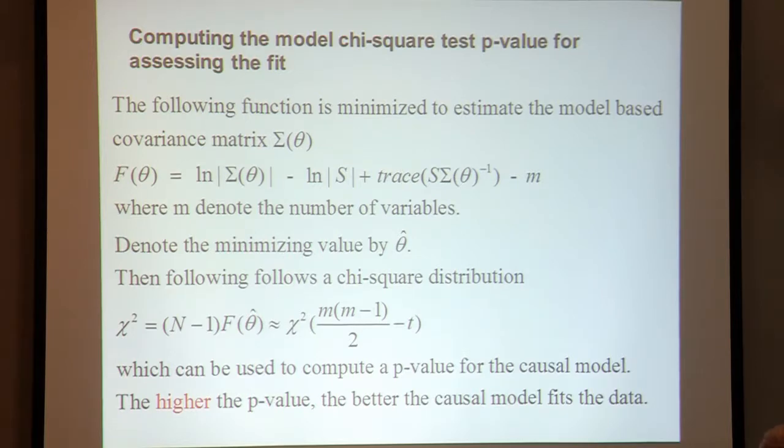In any event, when you have a causal scenario, then you can evaluate how well your data fit this causal scenario by using this structural equation model framework. And just to give you a glimpse of what is being done, there is again an objective function that is being minimized. And so when you have a causal model, it gives rise to a certain parametrization of the covariance matrix, right?